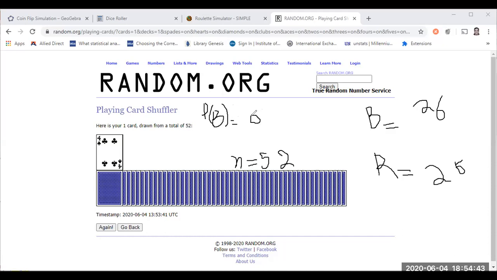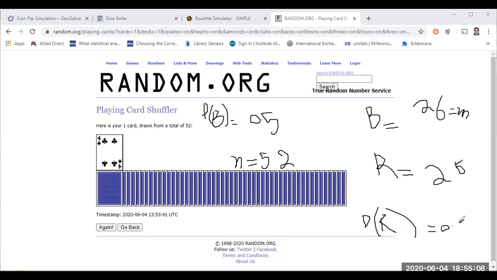I'm just dividing the favorable outcomes by the total outcomes, so I got 0.5. And what is the probability of a red card? The probability of red is again 0.5.